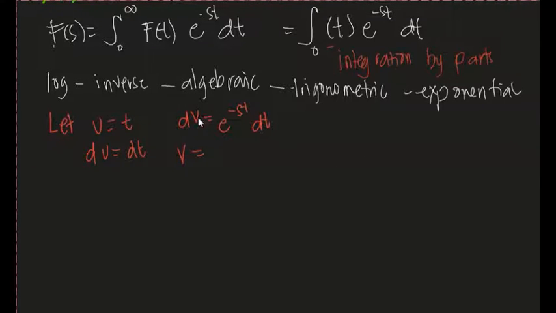So integrate kita both sides of the equation. Integral of dv will be v, integral of e raised to negative st ang kinahanglan naton pangitaon. So let u is equal to negative st, du naton will be equal to negative s dt. Then ang aton nga dt will be equal to du all over negative s.